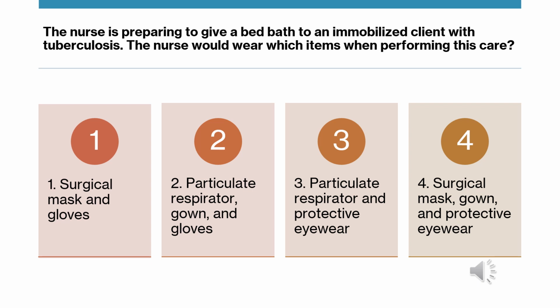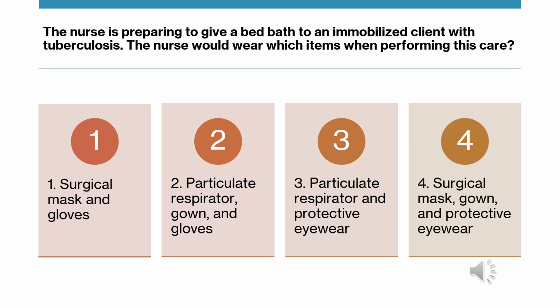However, with tuberculosis, like we said, that's airborne precautions. So airborne precautions, you need your N95, which is your particulate respirator that's specifically fitted for you. And then you will need your additional precautions because you're giving a bed bath to this patient.